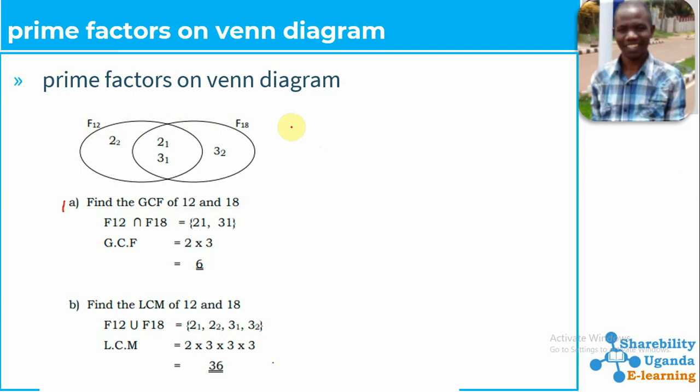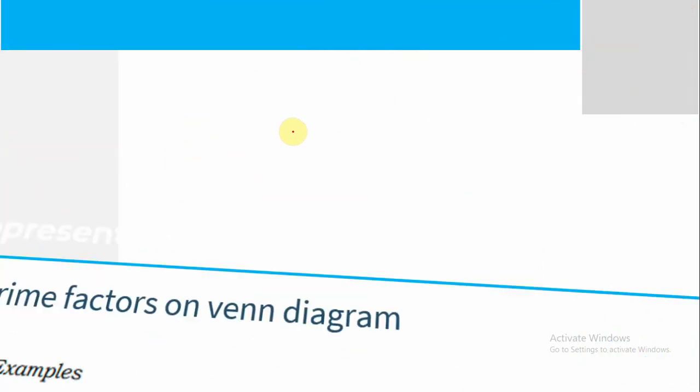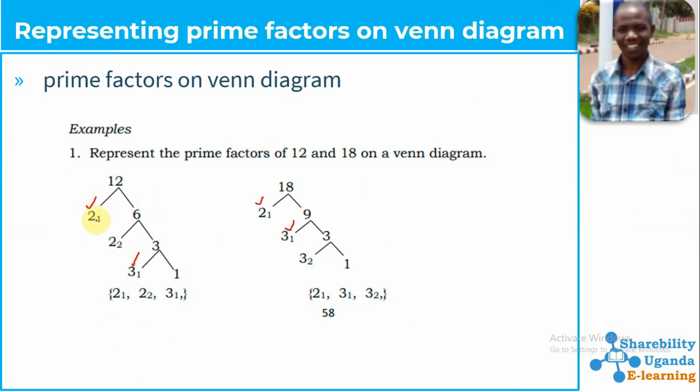So how do we get the greatest common factor of these prime factors? Remember, we want to get those prime factors that are common. So here we had our 2 here and we also had our 2 here. The greatest common factor using prime factorization.